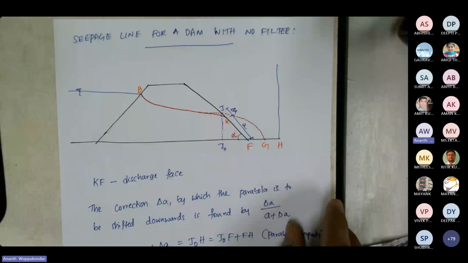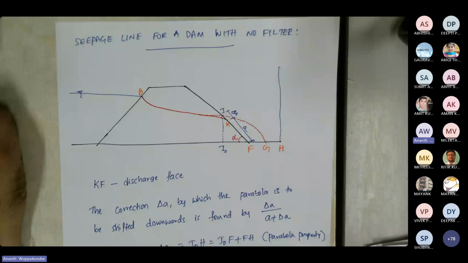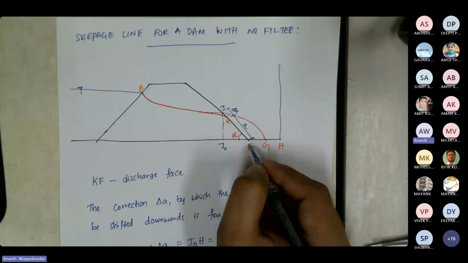Now let us look at this scenario where we do not have any filter, but still we want to identify the seepage line, where the seepage line is going to exit the dam on the downstream side. Again we begin with the parabola. Let us say the focus F of the parabola is at the toe of the dam.